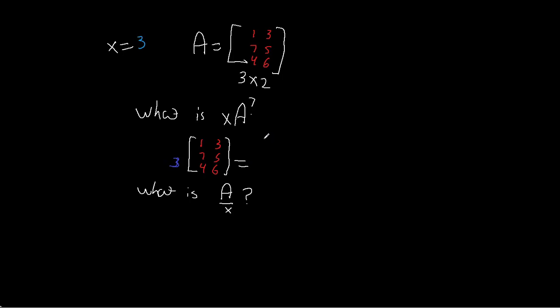We have to realize that scalar multiplication does not change the dimensions. We have a 3 by 2 input, so we're going to have a 3 by 2 output. I'm going to give myself plenty of room here to write down our numbers. So again, I copy down what we have in A.